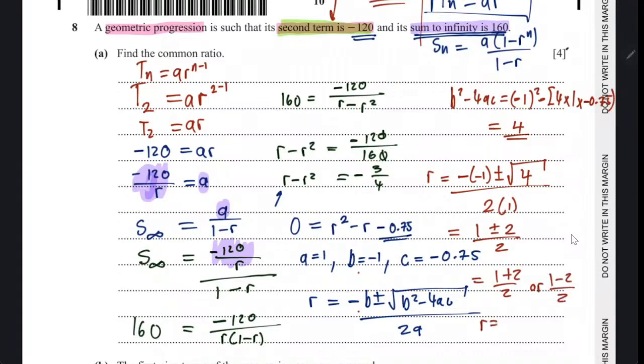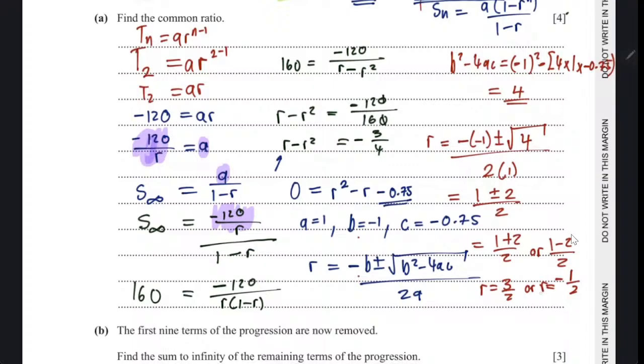You get R equal to 3 over 2, or your R is negative 1 over 2. You see? R can never be negative here, so it is going to be this. You found it. Okay? Now you can go to the next one.